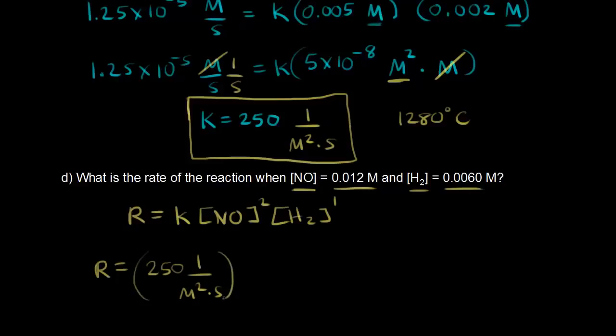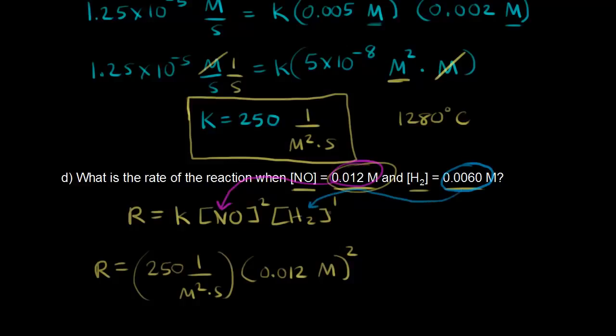So we have that. The concentration of nitric oxide is 0.012 molar, and we need to square that. And now we're going to take the concentration of hydrogen, which is 0.006 molar, and plug that into here.